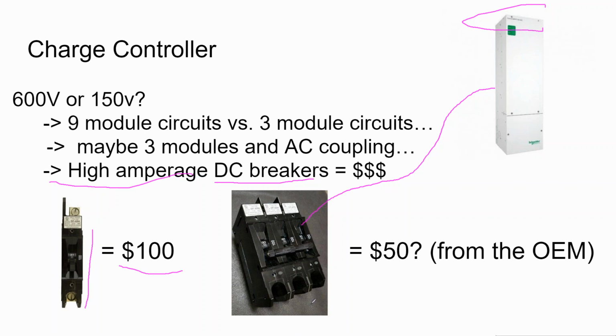I had 3 of them on my last job site. If you have 150 volt charge controllers, you're buying a lot more breakers too. That's kind of where your balance of system costs can start running away from you.